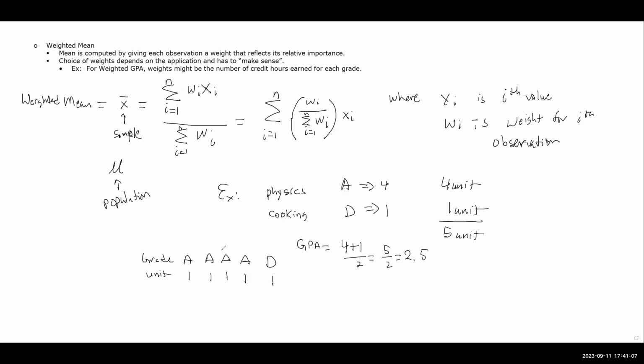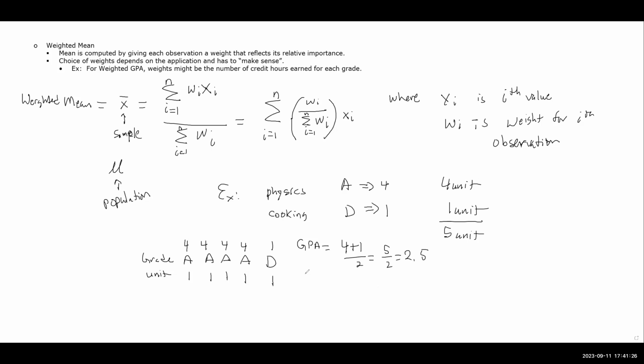This person's like, I have 5 units, 1, 2, 3, 4, 5. 4 of the units this semester are an A, and the 5th is a D. An A is a 4, and a D is a 1.